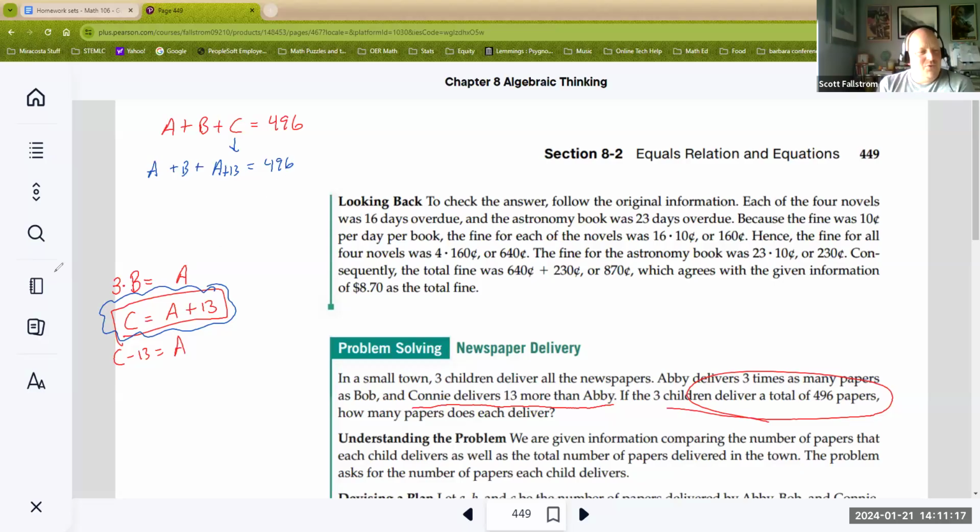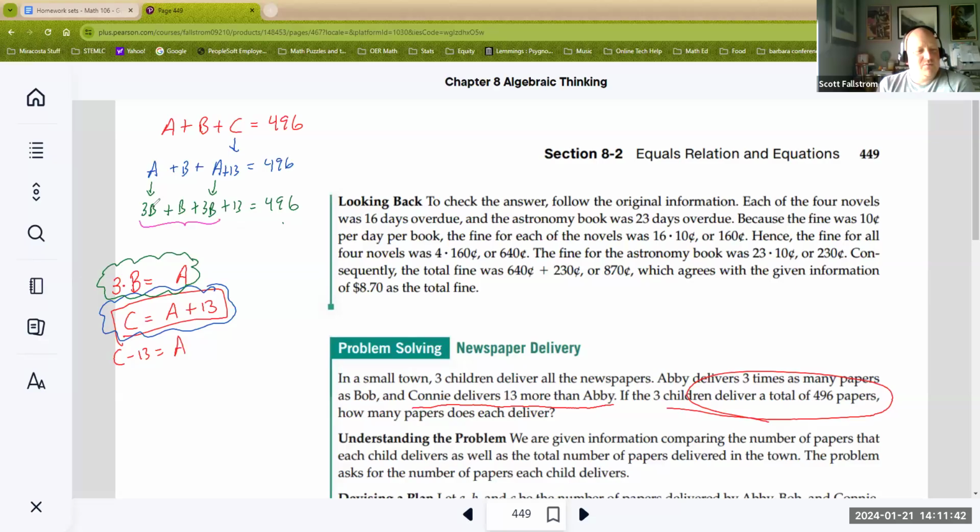And then look at this top one. This top one says A, wherever I see an A, that's equal to 3 times B. So there's an A. And here's another A. And all of a sudden, I don't have an equation that has A's, B's, and C's. It just has B's, B's, and B's. And then you can just combine them because these are like objects.